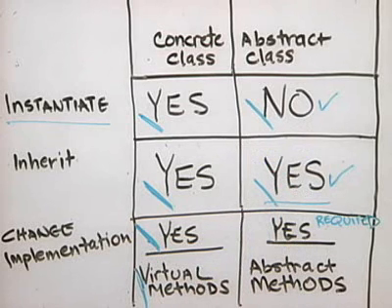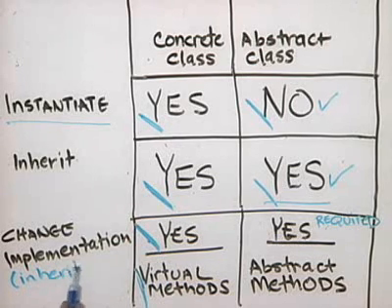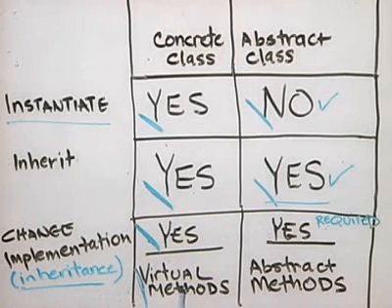Now, notice the difference here. You can change the implementation of a concrete class. Of course, I changed the implementation through inheritance. I derive this class, and I'm able to override methods as long as I have the virtual keyword in that method definition. That's also true of abstract classes. I can inherit abstract classes, and here's the difference. The modifier is different.